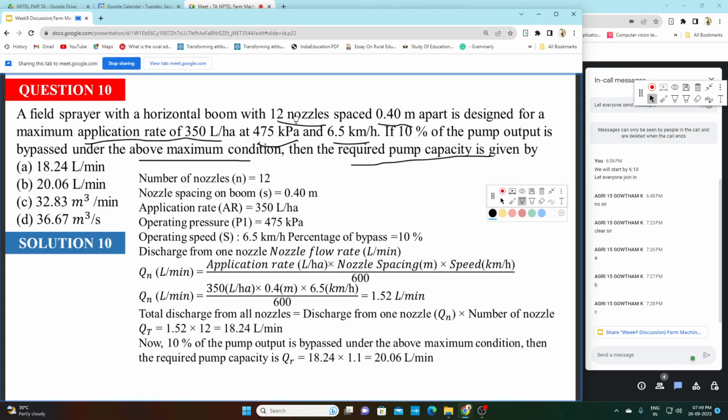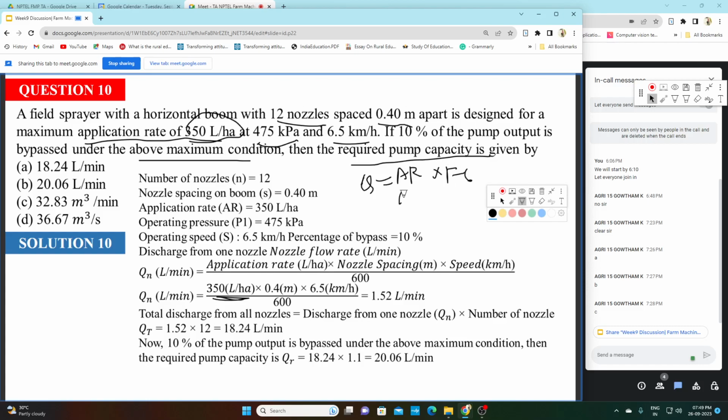Your maximum application rate is given, 350 liter per hectare. So I have already told you, your Q is your application rate into field capacity.